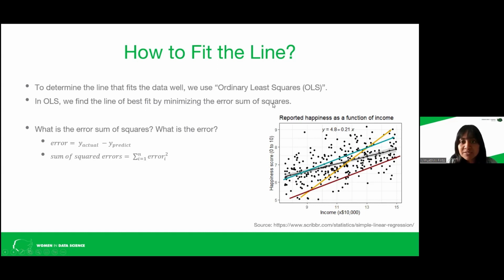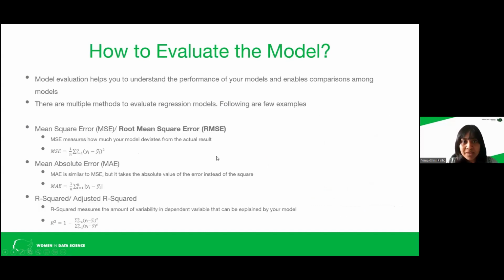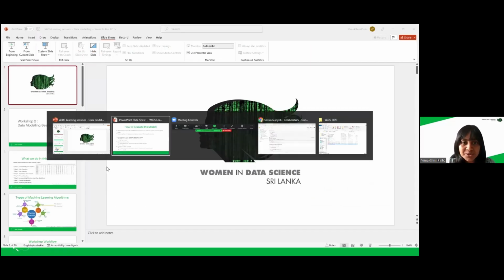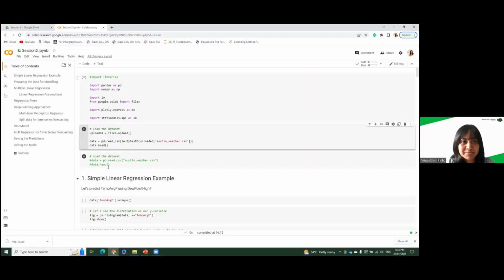And the sum of squares of errors is the summation of all the errors that we see in the data. So basically, we fit the line by minimizing this error sum of squares. Okay, I'll move to the Google Colab notebook and show you how to do it in practice.